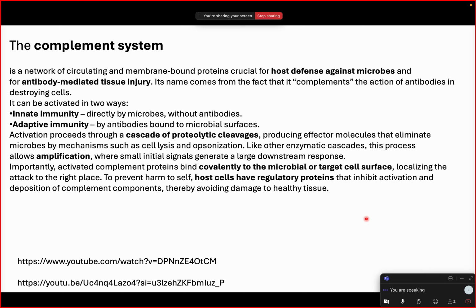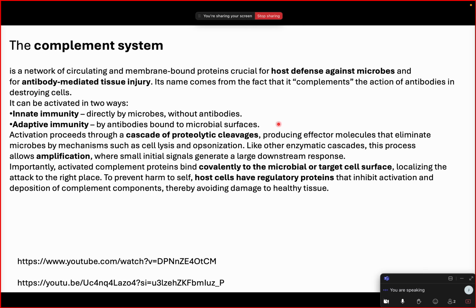So in innate immunity, directly by microbes without antibodies. Okay, so there are two pathways of the complement system in which there is no need of any antibody. In adaptive immunity, it is activated by antibodies bound to the microbial surface.